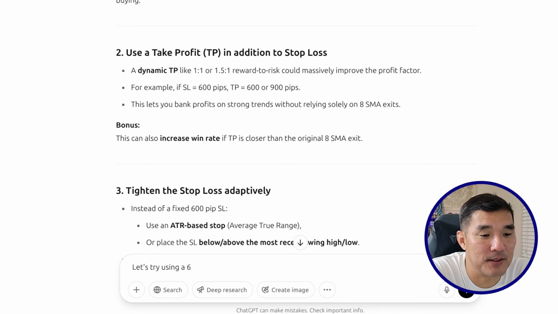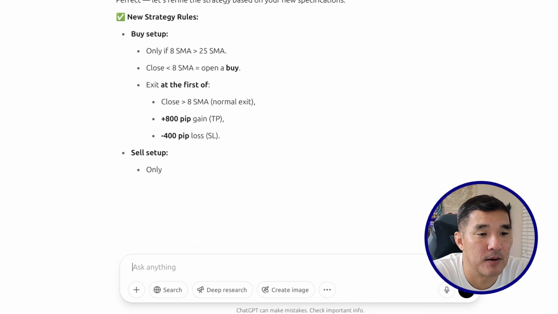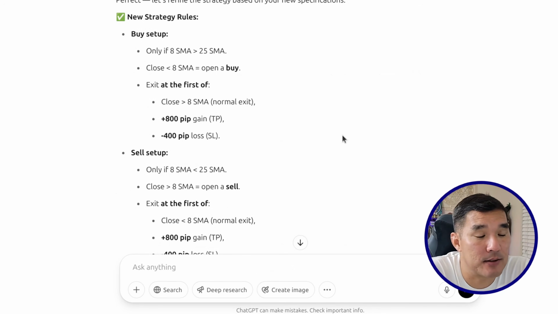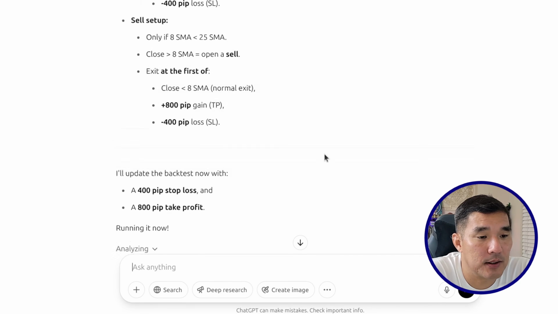Let's try a 400 pip and see what happens. A 400 pip stop loss and an 800 pip take profit. Okay, so it's going to reiterate the instructions that I gave it. So that looks good.